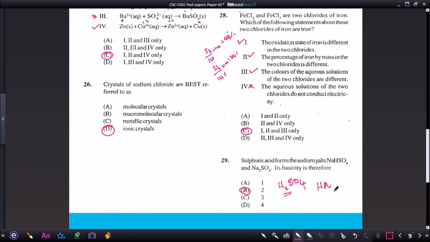Nitric acid, which is HNO3, has 1 hydrogen, so it has a basicity of 1. Phosphoric acid has 3 hydrogens, so it has a basicity of 3. So sulfuric acid is dibasic, nitric acid is monobasic, and phosphoric acid is tribasic.